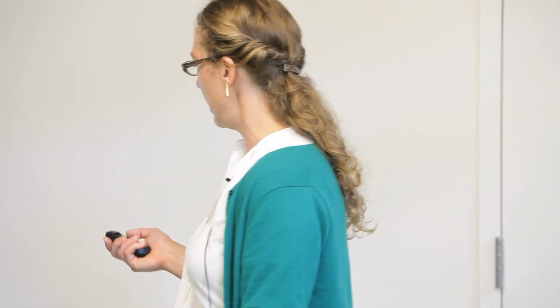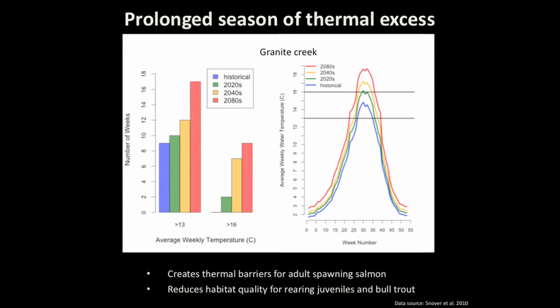And looking at a site on the Skagit, which is glacially fed in a pretty cold water system, we looked at future temperatures. So this is the weeks out of the year, so it goes 0 through 52. And these line graphs are the average weekly temperatures that we project. The blue is a historical, the green is 2020s, 2040s, and 2080s.